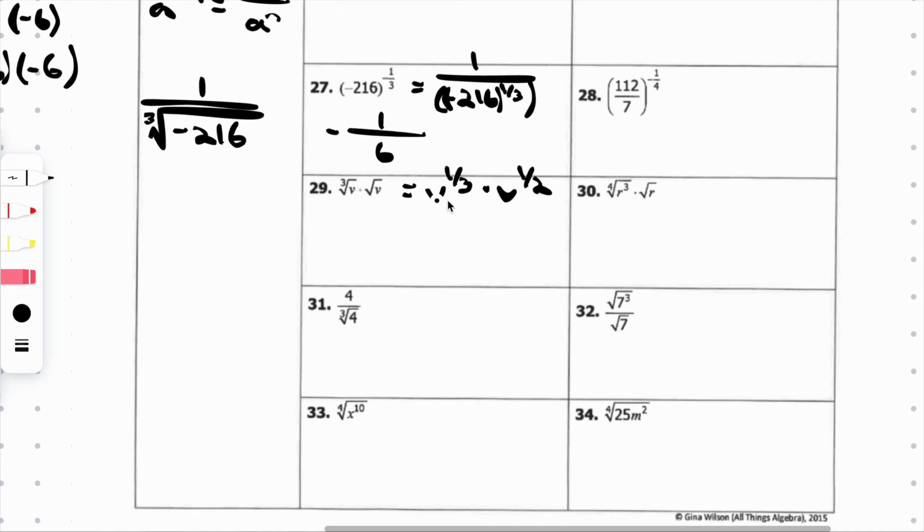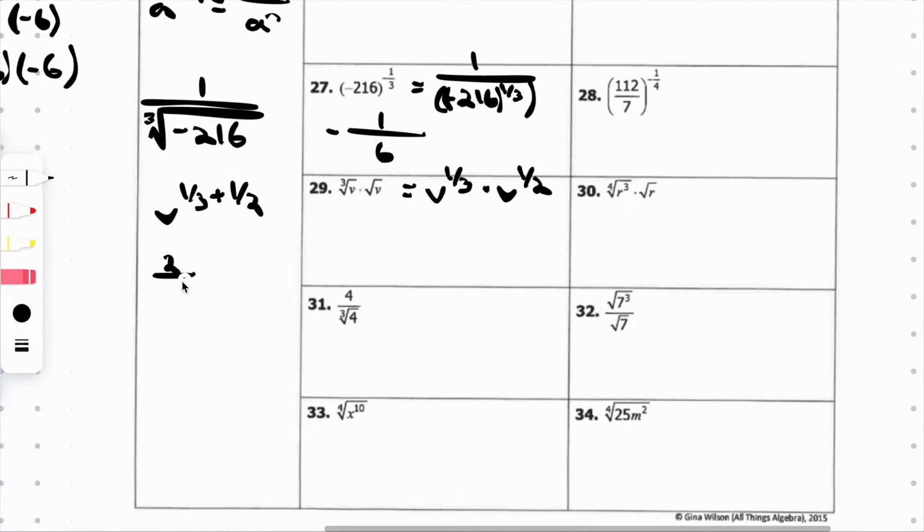Now, since we're multiplying exponentials v to the 1/3 and v to the 1/2 with the same base v, we add these exponents. So we do v to the 1/3 plus 1/2. Now 1/3 is equal to 2/6.